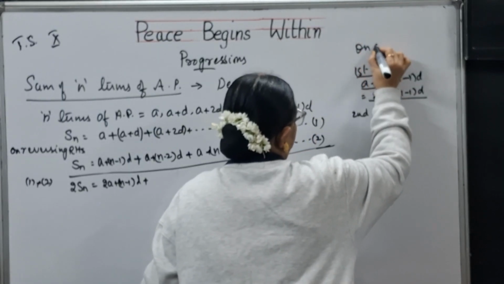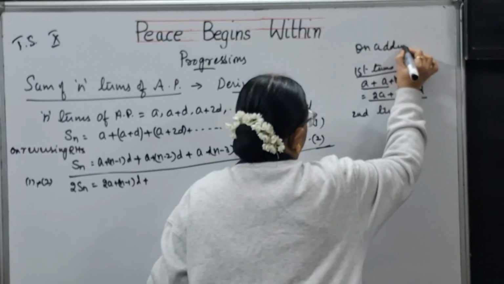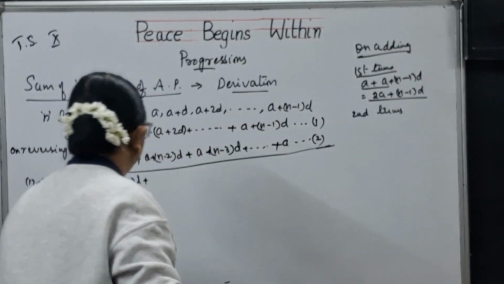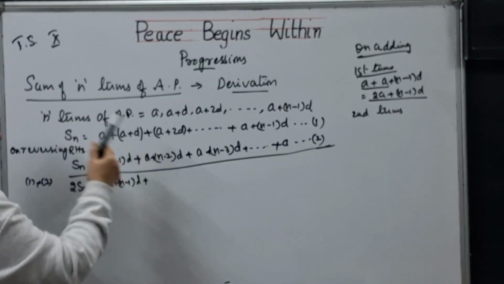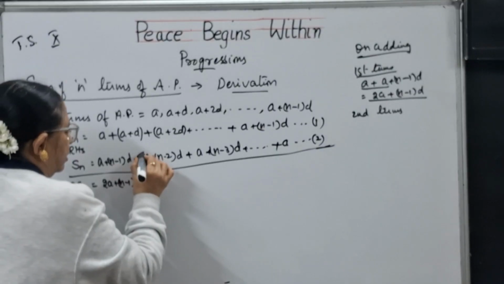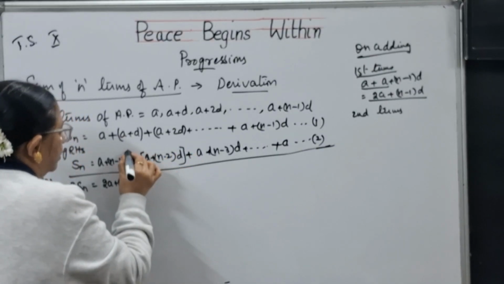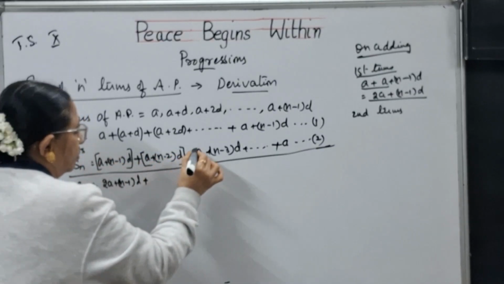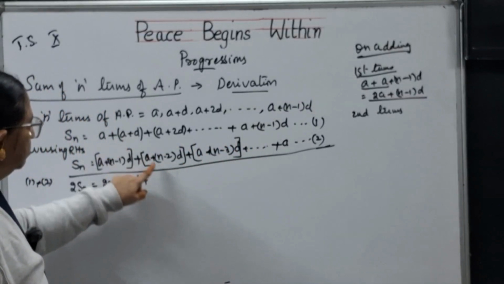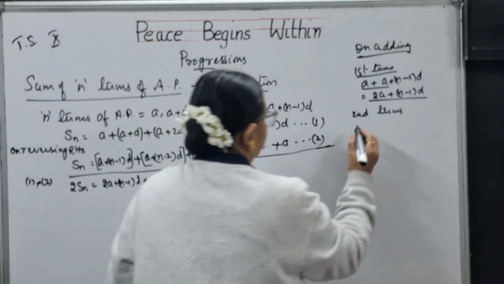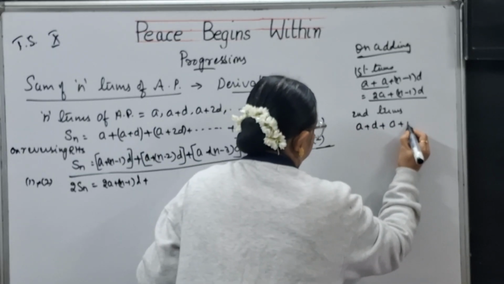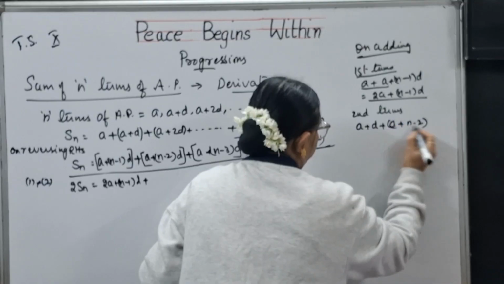Now I am adding second terms. Here I will write 'on adding' so that it will be easy for you to understand. Second terms are what? Here the second term is a plus d. Here the second term is a plus n minus 2 into d. Let me put it in brackets so that it will be easy to identify which term is which. That is a plus d plus a plus n minus 2 into d.